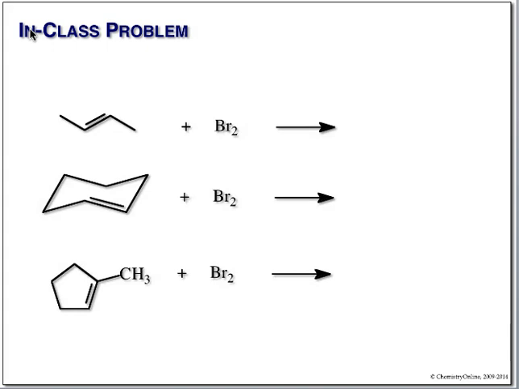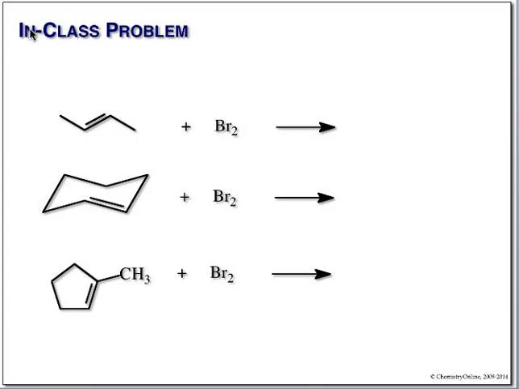Now let's do some simple additions. Once again, you look at this and you say to yourself, bromine plus an alkene. No problem, I can do that. I know I'm going to get a 1,2-dibromide, and the stereochemistry will be trans. On this guy, we're going to have trans addition, but who knows?